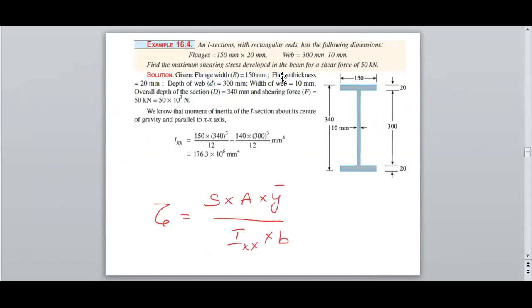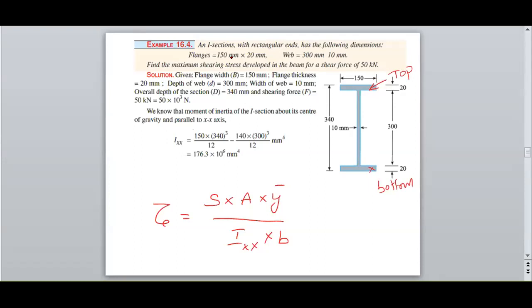Here an I section is shown in the diagram, and these two are the flanges of the I section. This is the flange and this is the other flange. This one is called the top flange, and this is called the bottom flange.